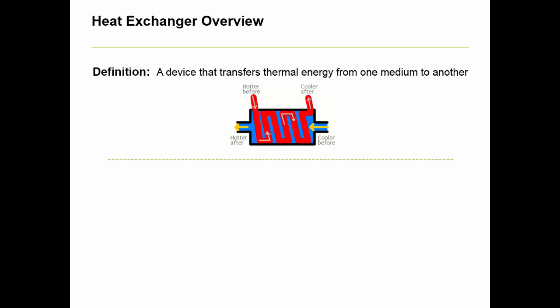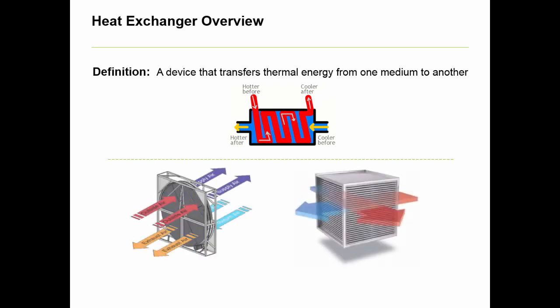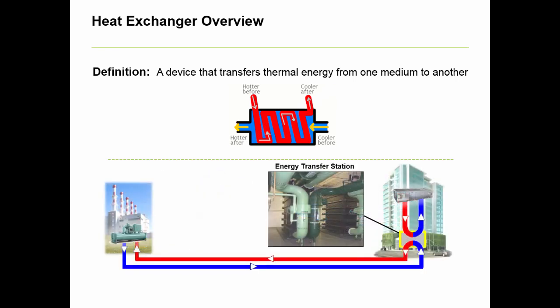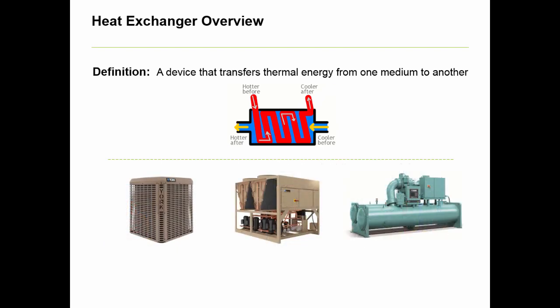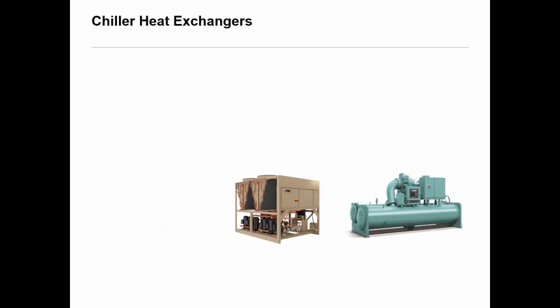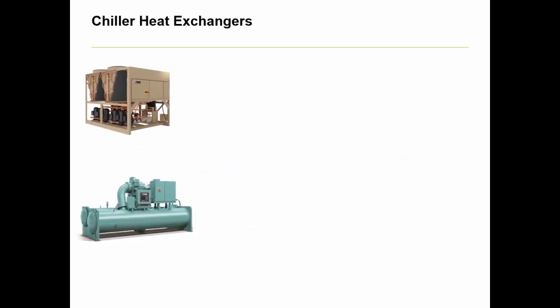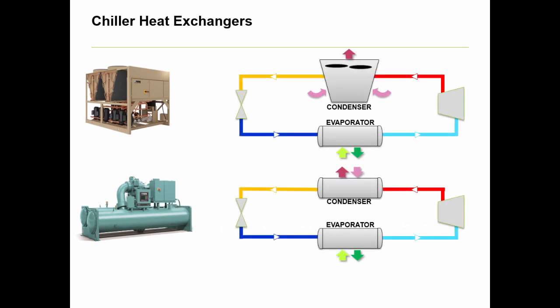In our industry, heat exchangers are used in many different heating and cooling applications, from enthalpy wheels or mixing boxes and air handling units, to plate and frame heat exchangers used in district energy systems, to residential, commercial, and industrial mechanical cooling equipment. And, specifically for chillers, heat exchangers are used primarily to transfer heat in both air-cooled and water-cooled equipment types, as highlighted.